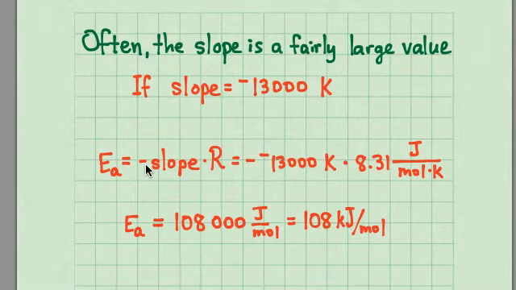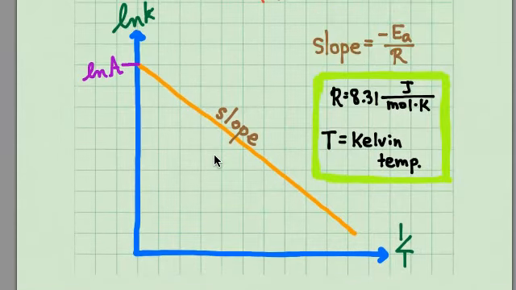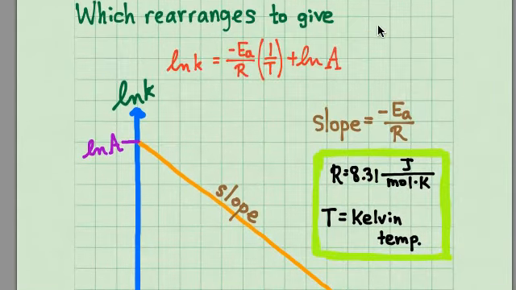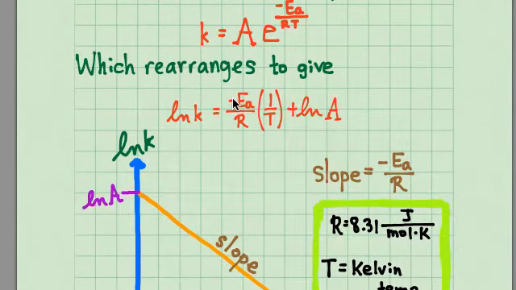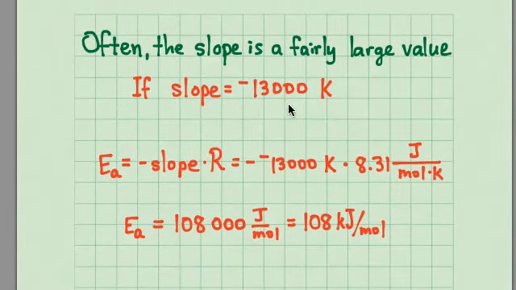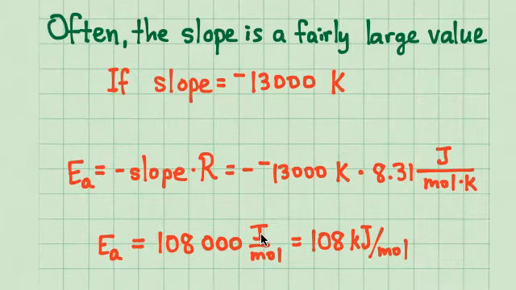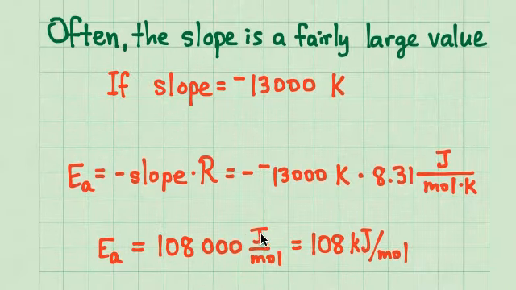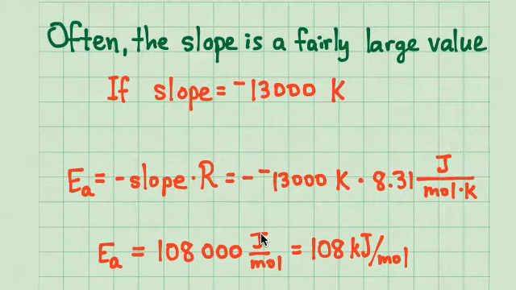The activation energy is therefore the negative of the slope, the negative comes from right there, times the gas constant. With 13,000 and the gas constant in energy units, 8.31 joules per mole Kelvin, my activation energy comes out to about 108,000 joules, or 108 kilojoules, to 3 sig figs at least.